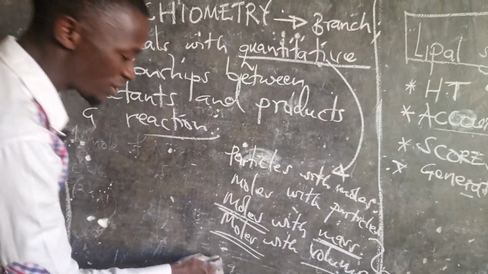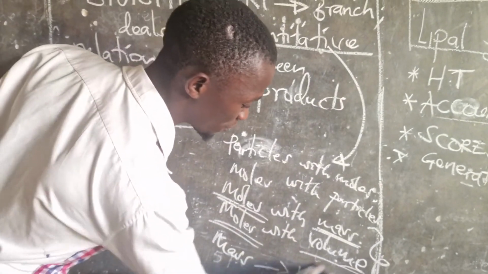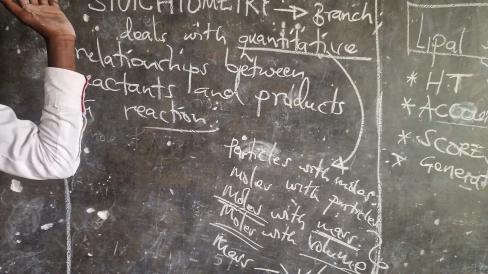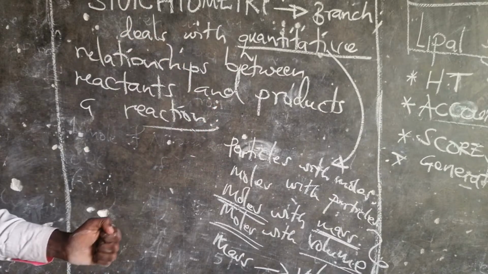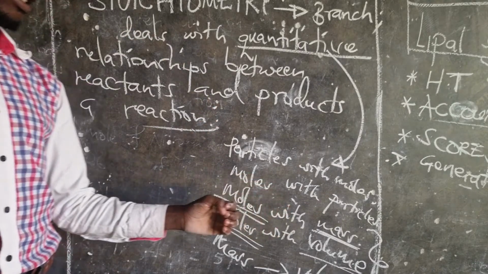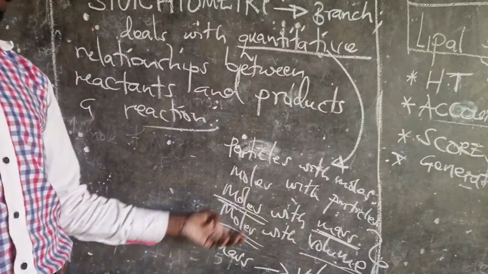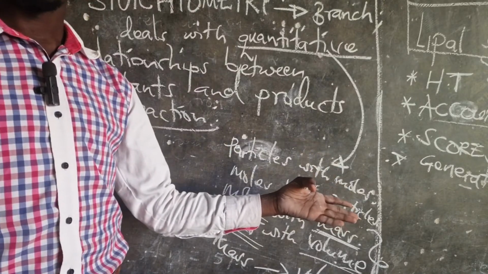We shall still look at how mass relates with volume. What we were looking at was helping us to know how these concepts interconnect: moles with mass, moles with volume, mass with volume, mass with particles, moles with particles.